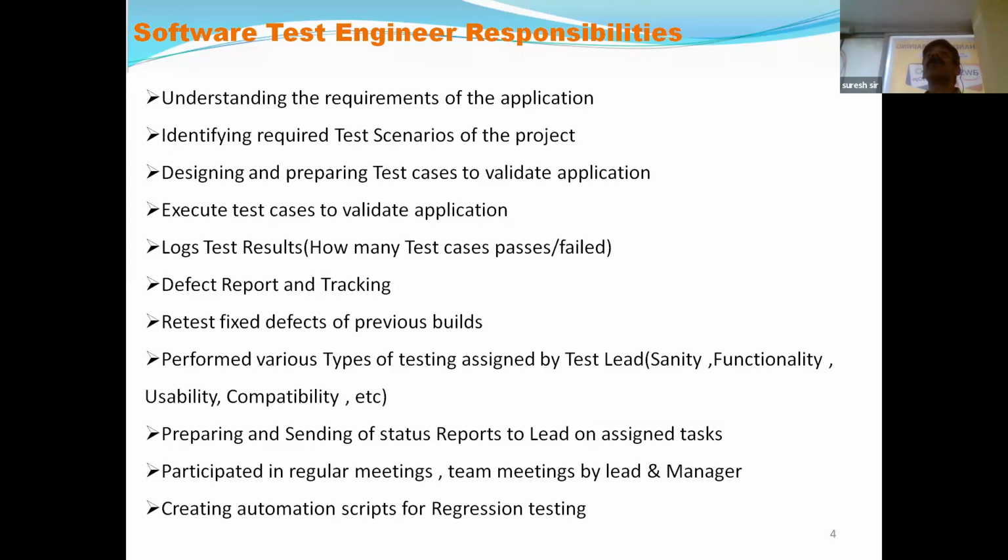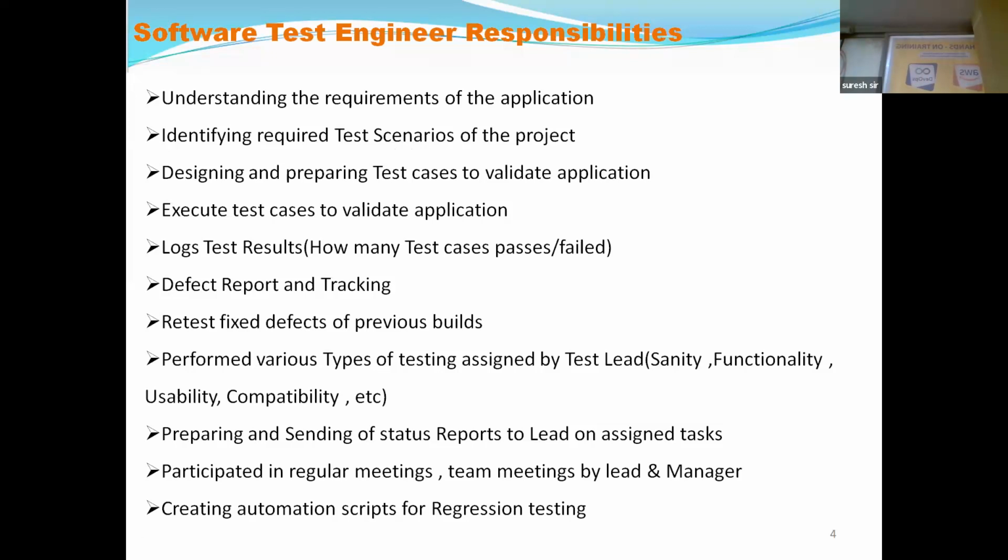Once we understand the requirements, we need to prepare test scenarios. For now, we note that test scenarios are the first level of documentation.